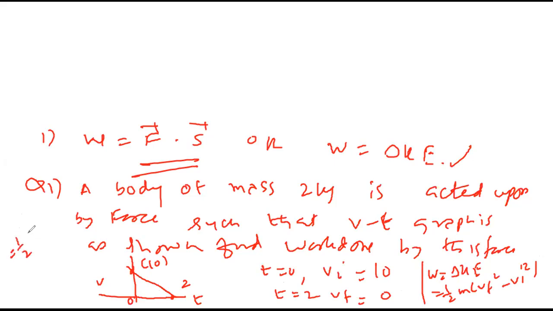Half, mass is 2, final velocity is 0, minus 10 square. 2 cancels. Minus 100 joule will be the work done. So from the graph we can find work done using the change in kinetic energy. Any doubt in the sum? No, sir.